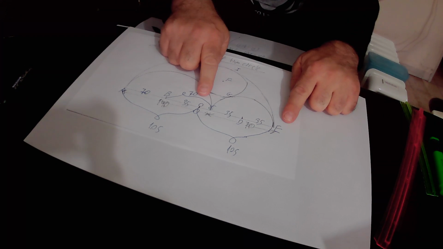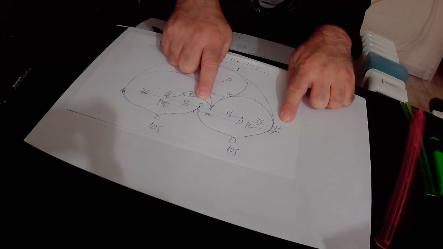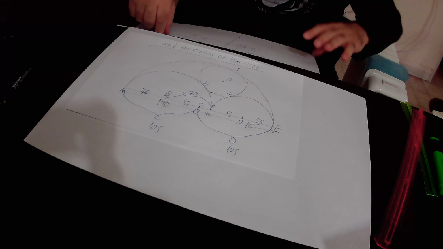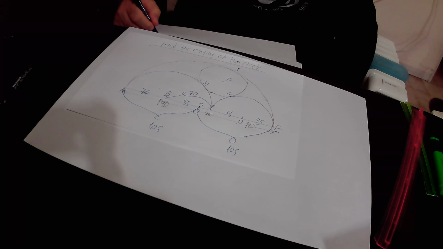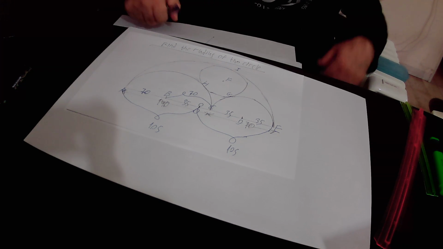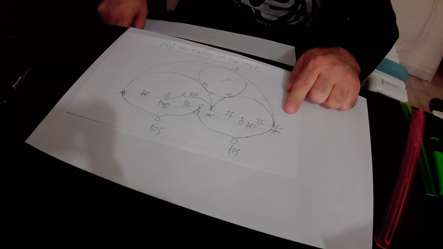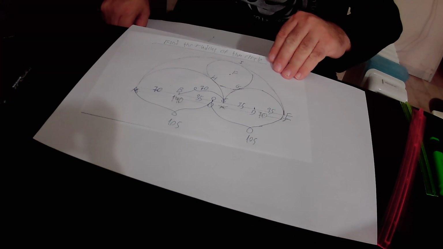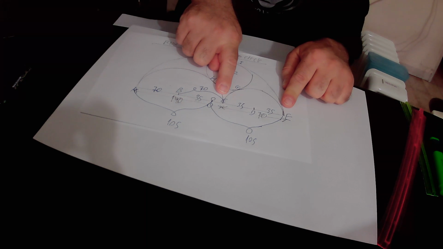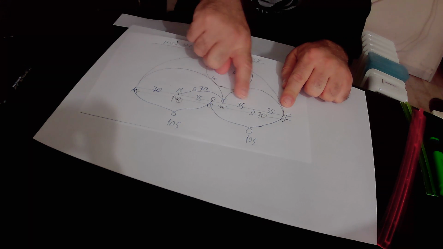OE is the radius of the biggest semicircle, which is equal to 105 units, so we substitute OE by 105 minus CE. CE, according to what is given in the question, is equal to 70 units.